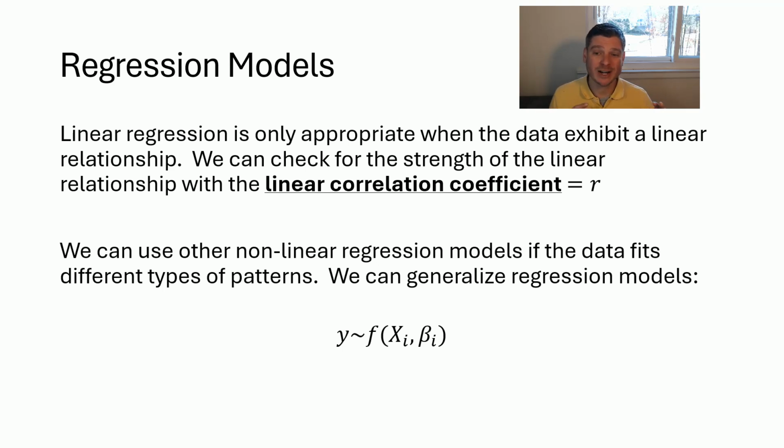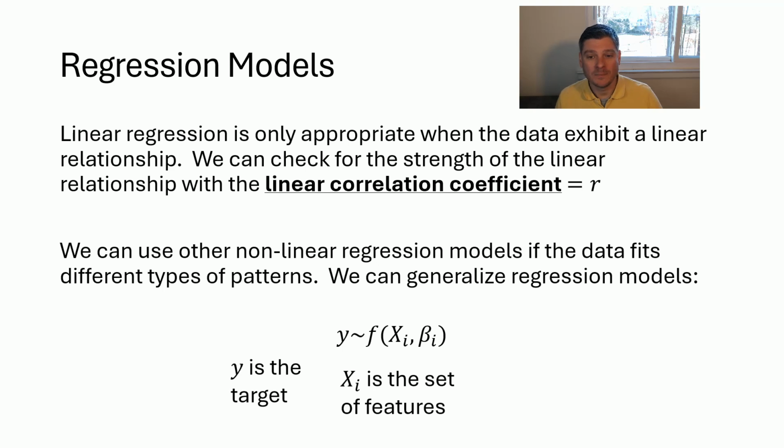And we typically try to generalize our regression models using, again, y as our target. Then in our coding, we use that tilde instead of an equal sign. Then we have our f, which describes if it's going to be linear or polynomial or exponential. And then X is our set of features. So again, the set of features would typically be capital X. We use capital X to represent all of our variables we're using to make those predictions, subset by i.